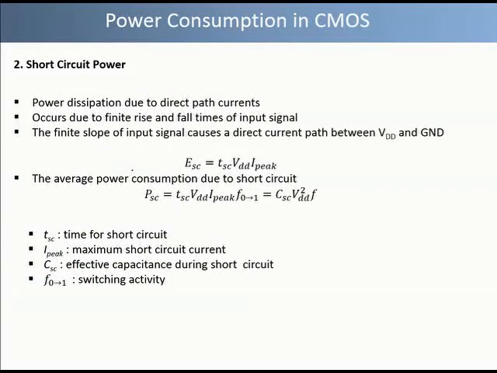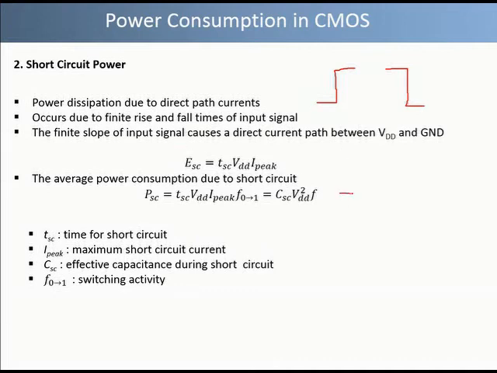The second component of total power consumption of a CMOS circuit is the short circuit power. And as we have already discussed, under ideal scenario, the inputs applied at any CMOS circuits have transitions something like this. That is, they have a zero rise and fall time. But practically it never happens.